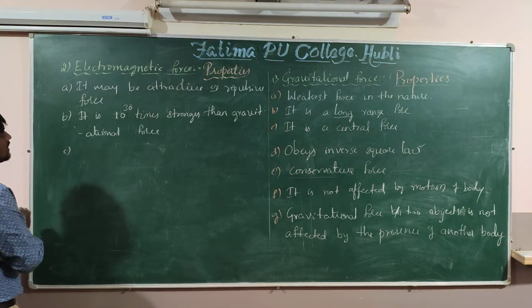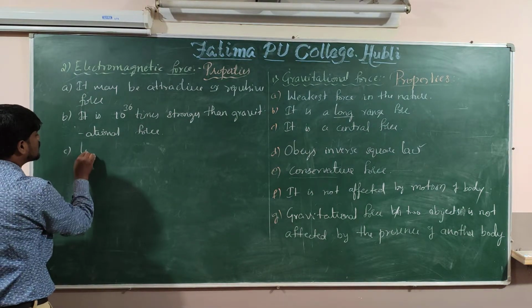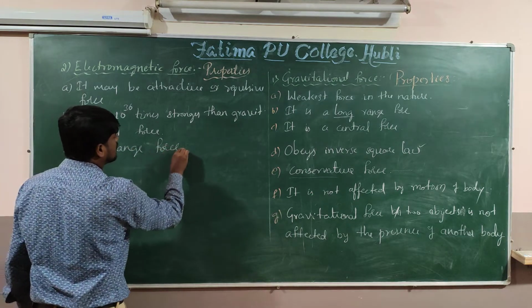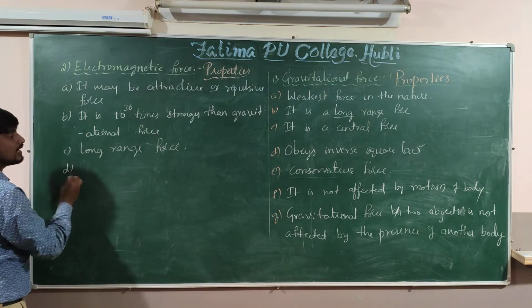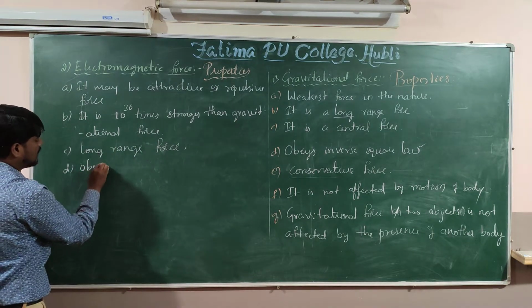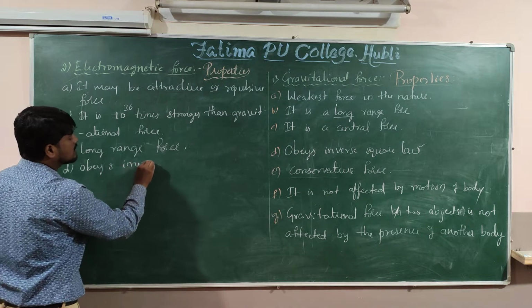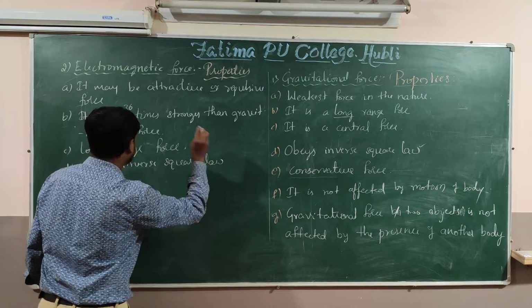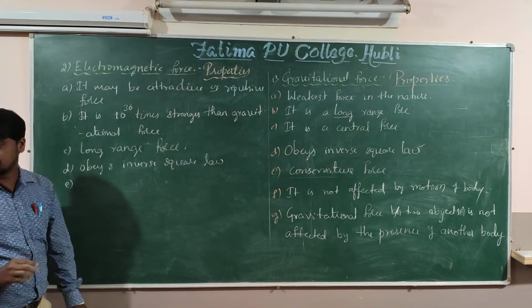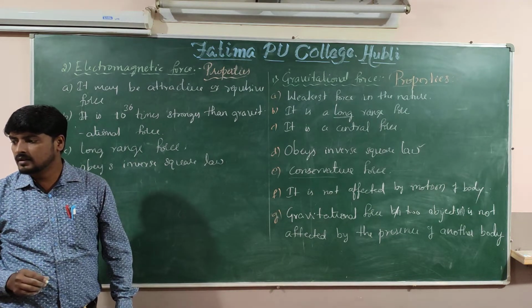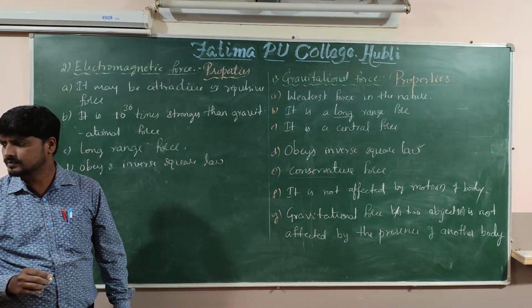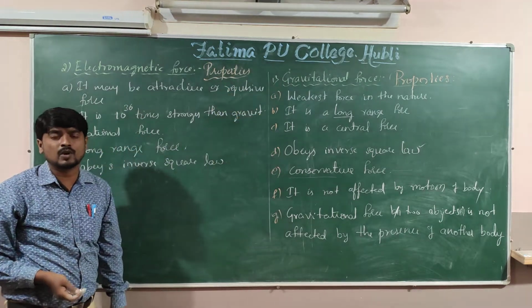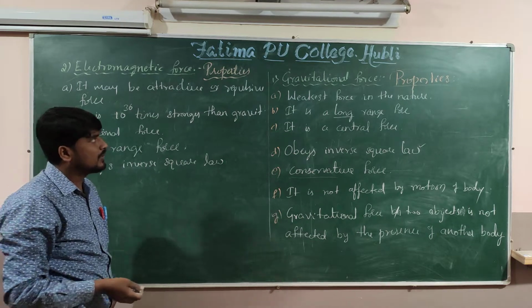Third, it is also a long range force. Next, it obeys the inverse square law. Next, as we wrote here, F is equal to K Q1 Q2 divided by R square.